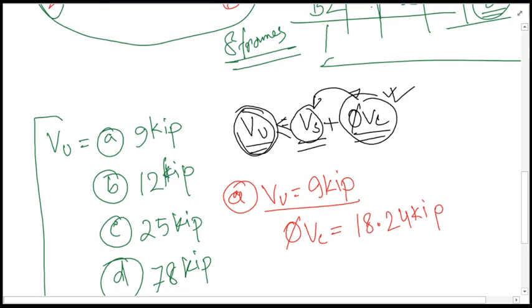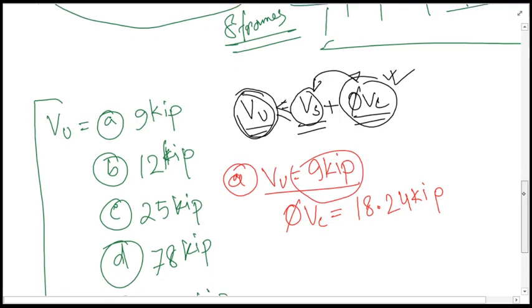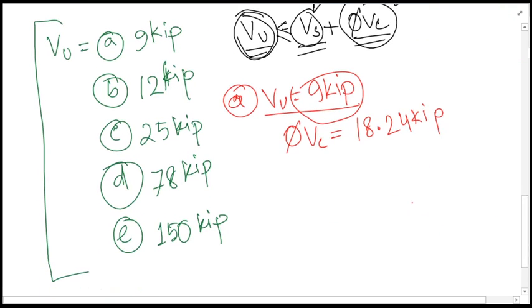So you can see that this value 5VC is well enough and greater than 9 kip. So literally you don't have to provide any shear reinforcement VS for supporting this VU at all, just because 5VC is adequate to resist this VU.